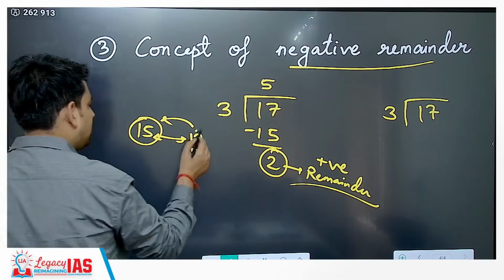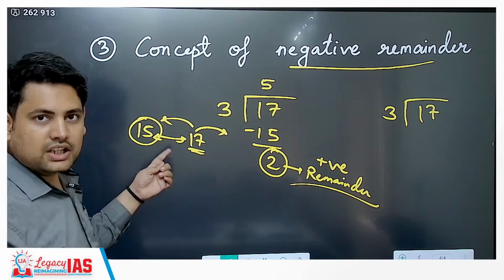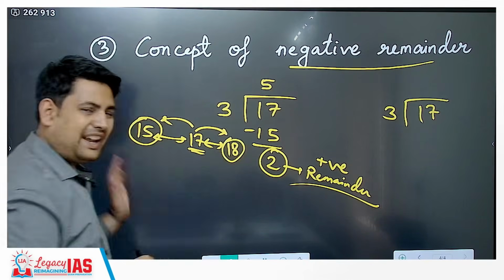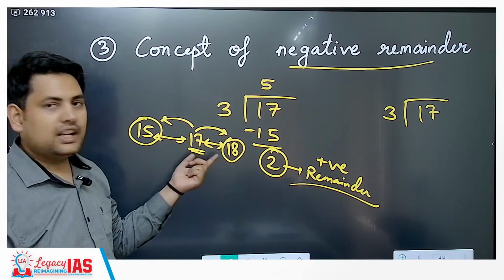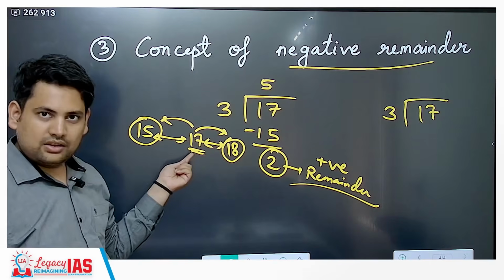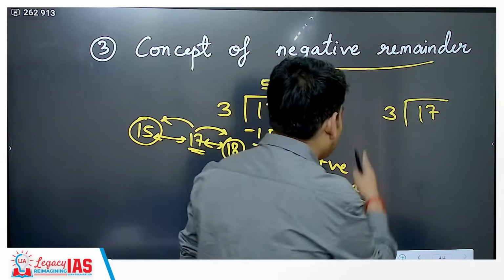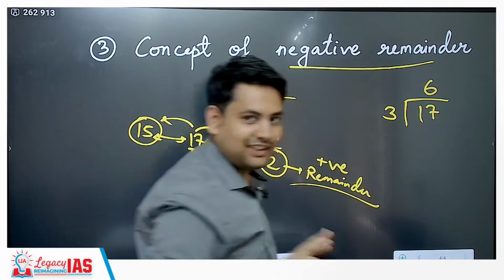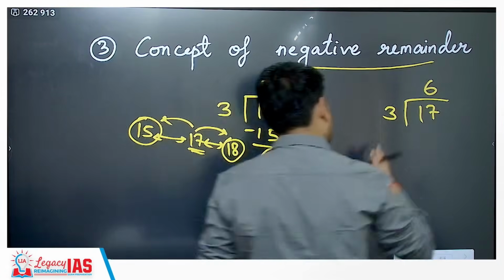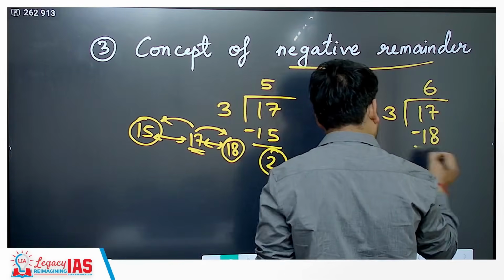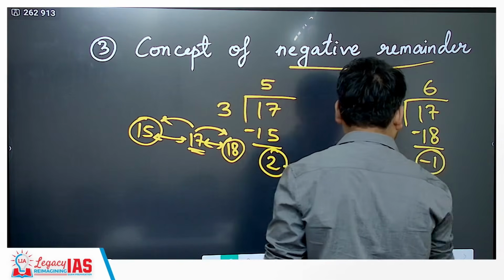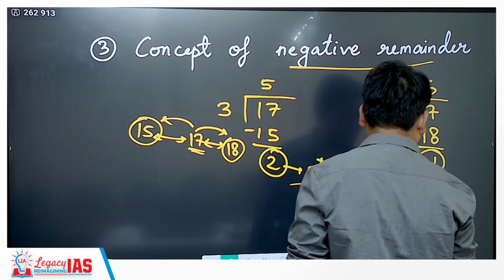Instead, now we are looking for the nearest multiple of 3 which is more than 17. Exactly, the next multiple is 18. So this is a multiple of 3 which is just bigger than the number. So now we say that it goes 6 times. Just look at it like a mathematical process. Now we say that it goes 6 times and you subtract 18 from it. Now what you get? You get minus 1. Now this is the negative remainder.